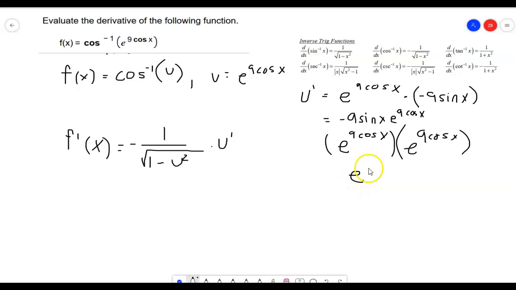So that is just going to be e to the 18 cosine x.